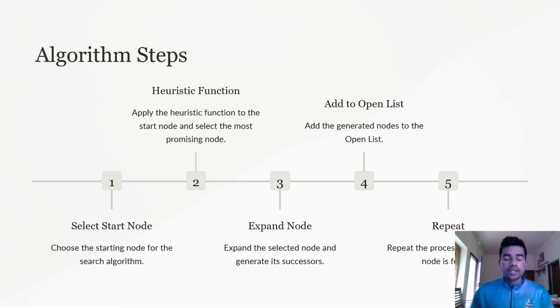As a third step, expand the selected node and generate its successors. Add the generated nodes to the open list. Repeat this process until we reach our goal node. Those are the main steps involved in best first search.